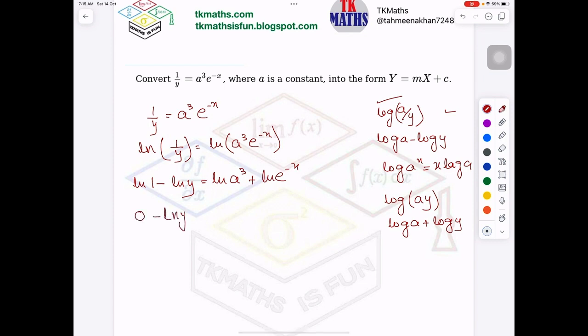And at this point ln a cube, I will apply the power law, which I have explained to you here. So it will be 3 ln a minus x ln e. Now you know ln e is 1. This will become minus ln y is equals to 3 ln a minus x. If I compare it with this, right?